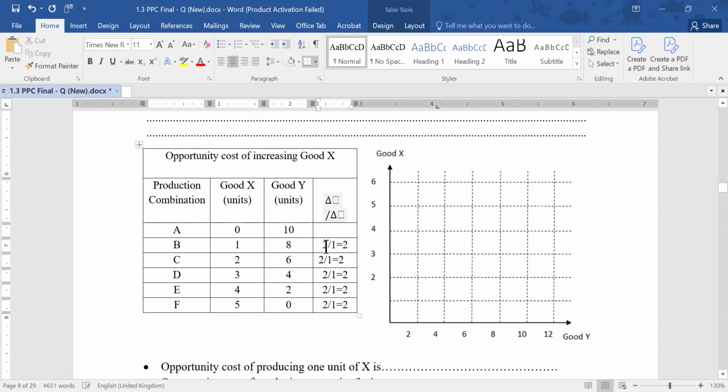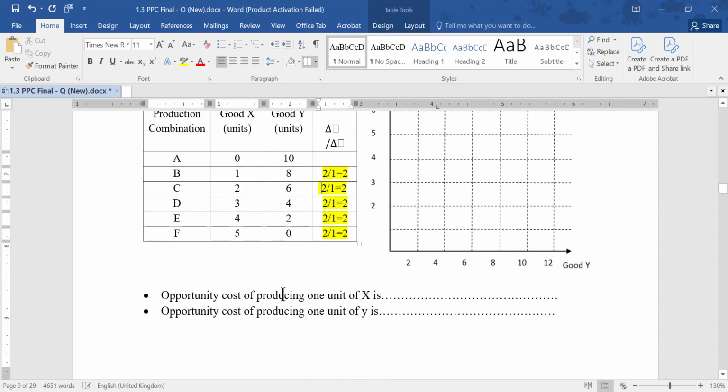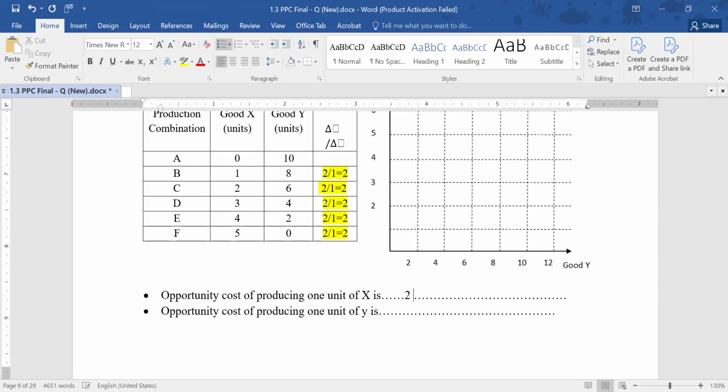So this is the marginal opportunity cost of good X, right? So draw the PPC according to this table and write down the opportunity cost of producing 1 unit of X is 2 Y units.